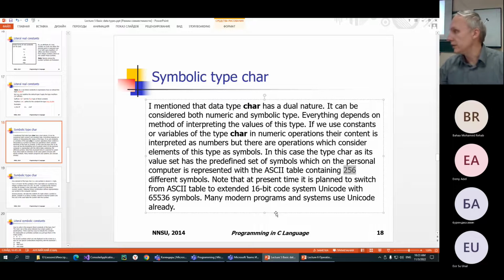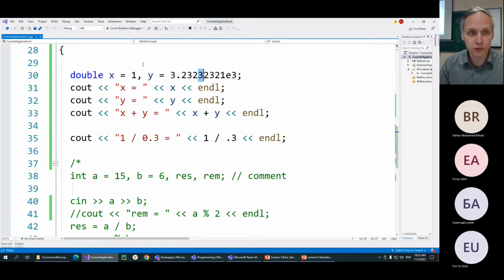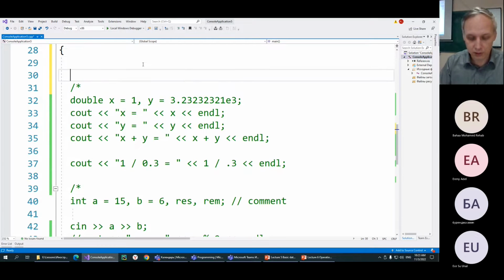For example, Cyrillic symbols in Russia, or some special symbols for the German alphabet or for the French alphabet, and so on.